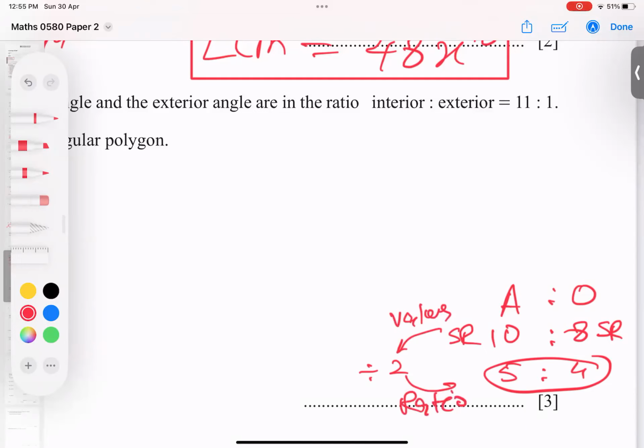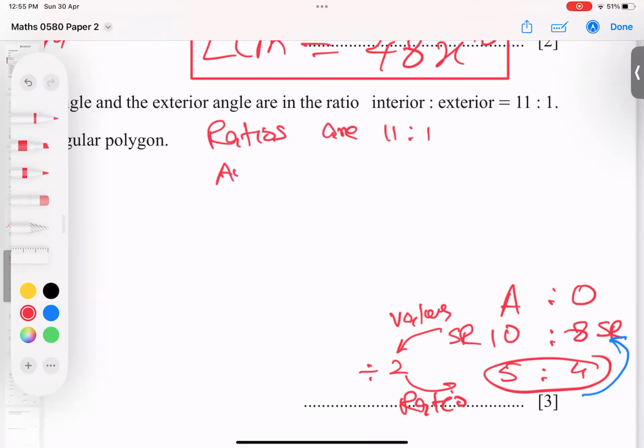But if I want to go back, ratios to values, I will multiply with one particular number. Here I know 2, but if I don't know, I will say x. So these are ratios. If I want to convert into values, so angles, let's say the ratio is 11:1.